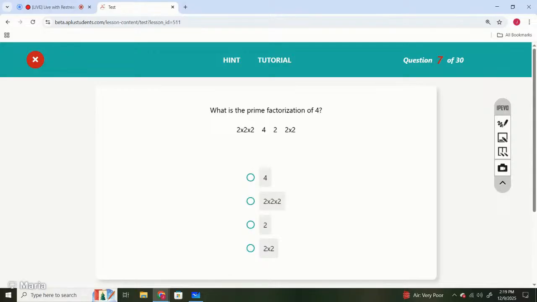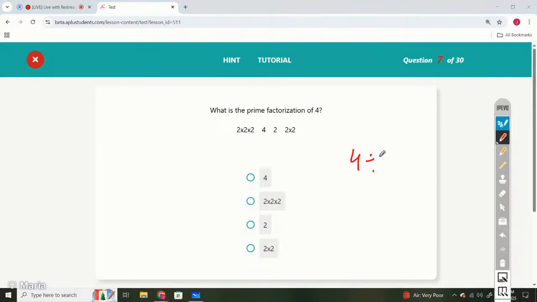What is the prime factorization of 4? Which is the correct option? So divide 4 by the smallest prime number, that is 4 divided by 2 equals 2. Now again divide 2 by the smallest prime number. So 2 divided by 2 is 1. The prime factors are 2 times 2.